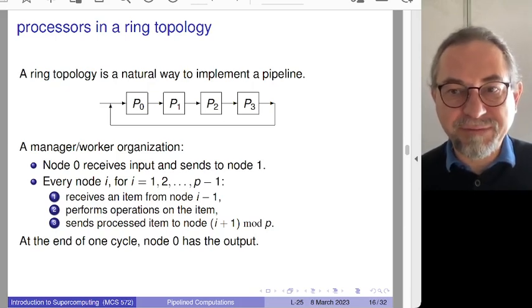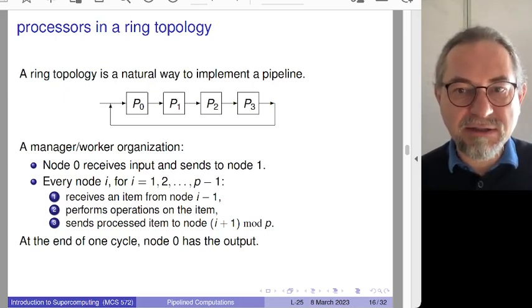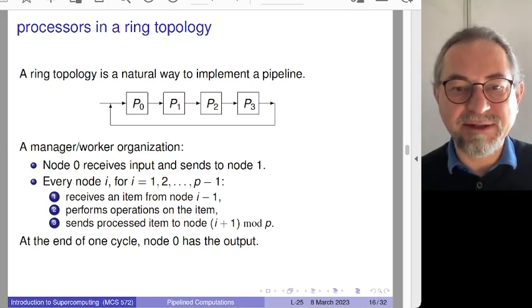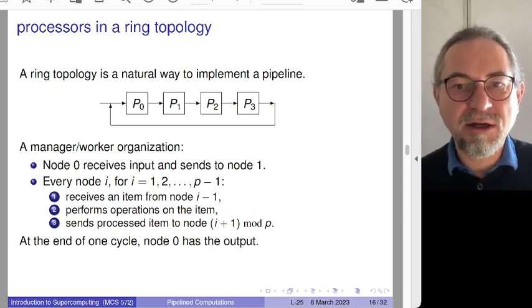So this could also be functional decomposition. What node 0 does is mainly handling the input and the output. The other nodes, P1, P2, P3 here, are the worker nodes. So it is still a hierarchy, a ring topology.